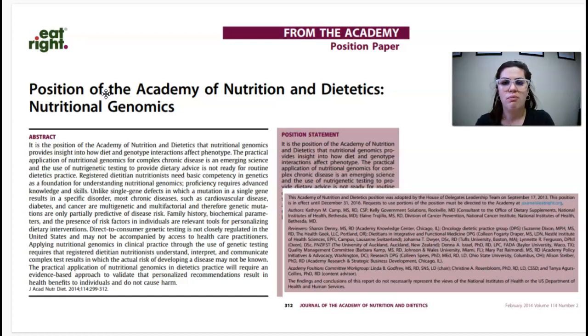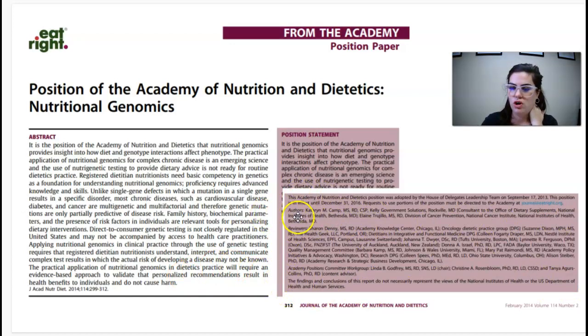So instead of putting the author at the very beginning, they want to show that this is what the Academy stance is. So they won't include the author's name at the very beginning, but they will be included on the last page. So this screenshot right here is from the very last page of that journal article, and if you want to, this is still linked to Moodle, so if you want to open this and just see what I'm talking about, this section is at the very end of the article.